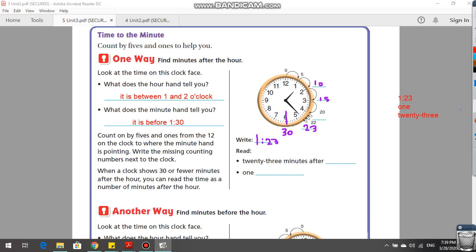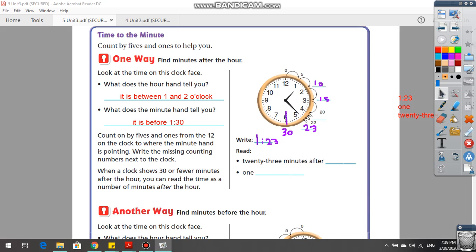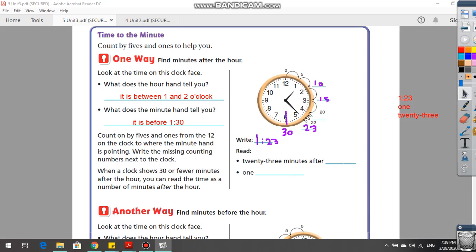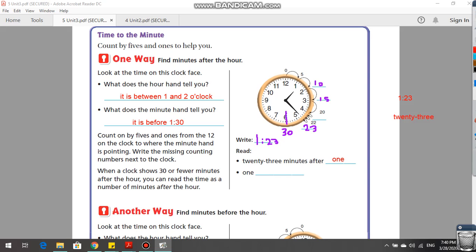1:23. And I can also say 23 minutes after 1, or 1:23 in letters. So again, guys, first I'm going to look at the hour hand.